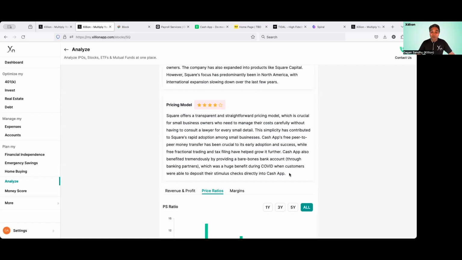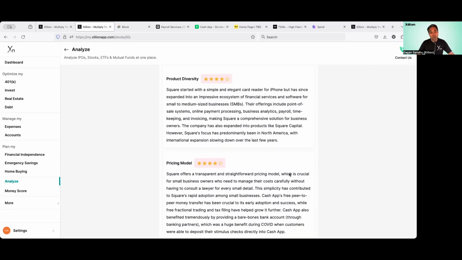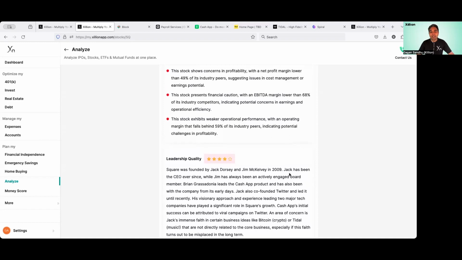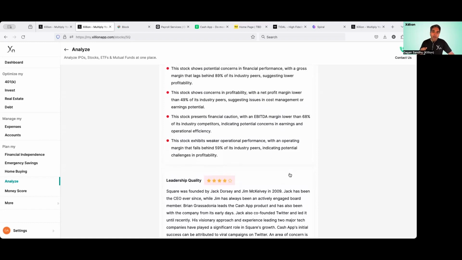Okay, so we went through a lot of information. Overall, where do we think Square is headed? The worst case scenario for Square is it becomes PayPal, right? PayPal has a consumer-facing peer-to-peer Venmo and just PayPal.